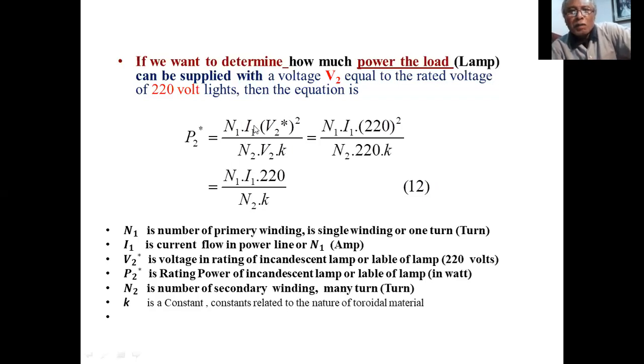This I1 is the current flowing in the power line. In another sense, the current of the power line will be able to generate power at the load P2* at a voltage of 220 volts.